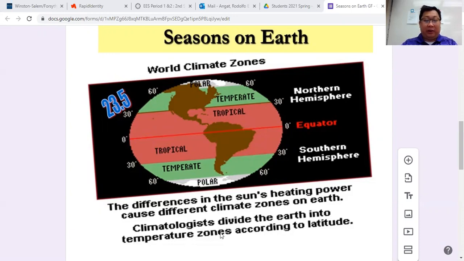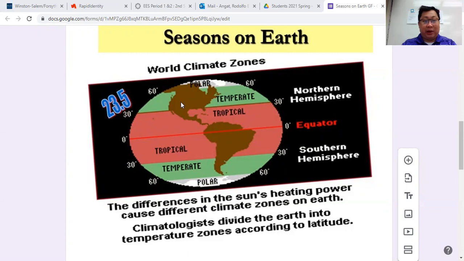Climatologists divide the Earth into temperature zones according to the latitude. 0 to 30 degrees latitude north is tropical. 0 to 30 degrees latitude south is also tropical. 30 degrees to 60 degrees north is temperate.